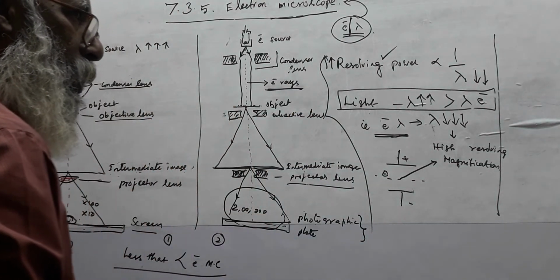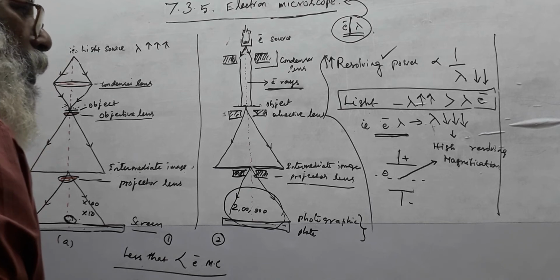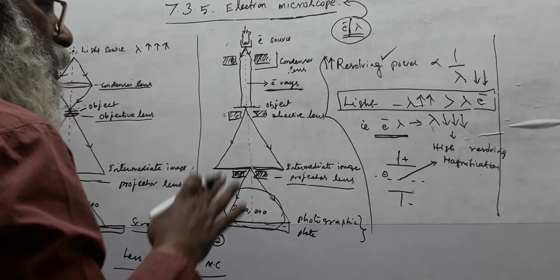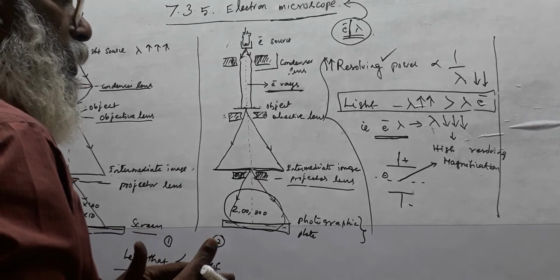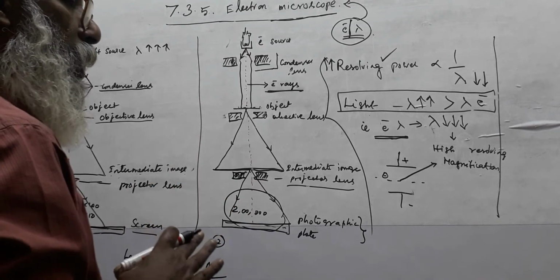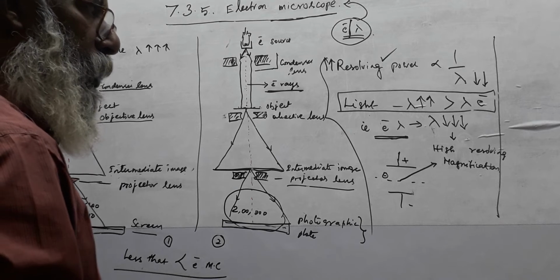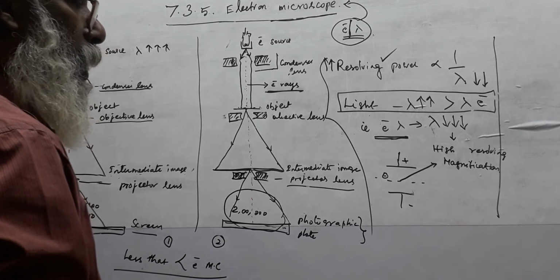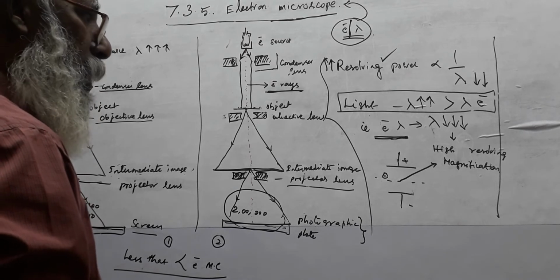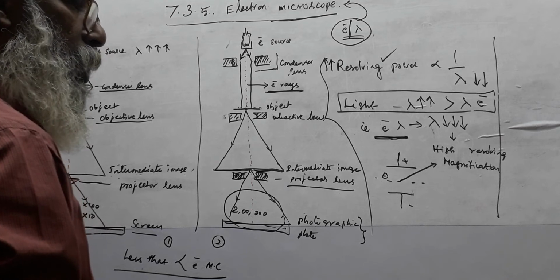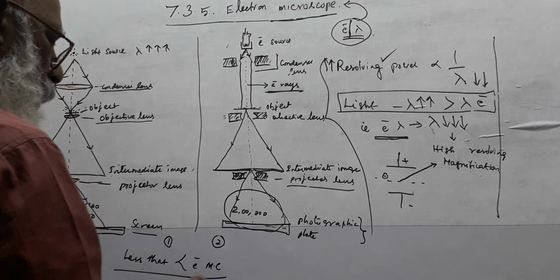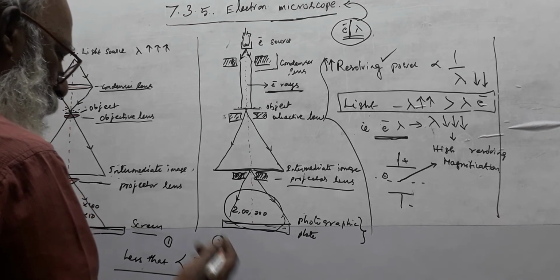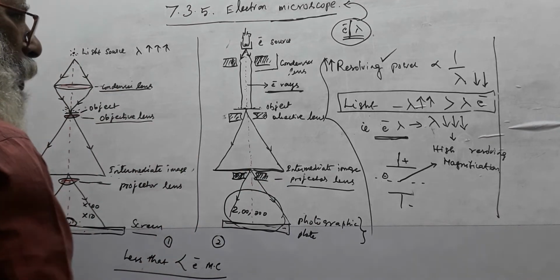Under this principle, the resolving power or magnification is higher when we utilize a lower wavelength of incident ray hitting the object. That's the working condition and apparatus of the electron microscope.